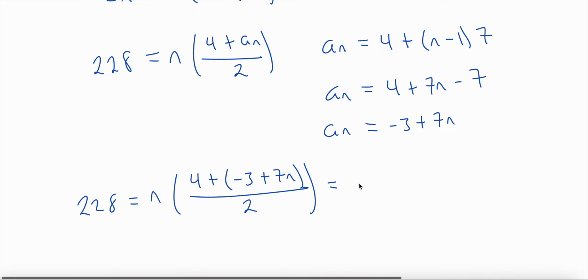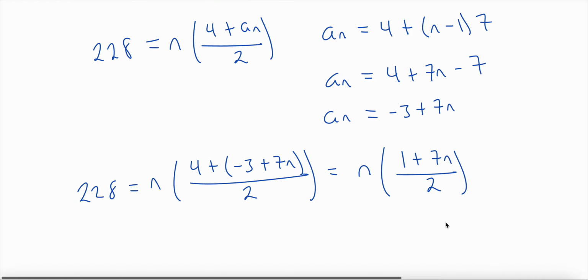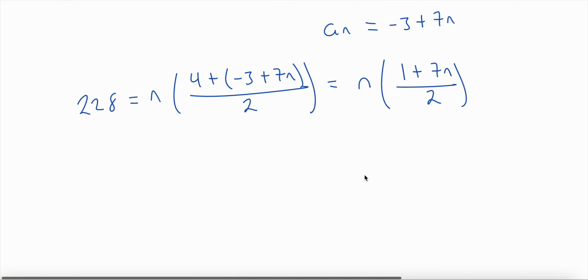And let's rewrite this as n times, 4 minus 3 is 1, and then we have just the 7n, so (1 plus 7n) over 2. And let's multiply the n through in the numerator.